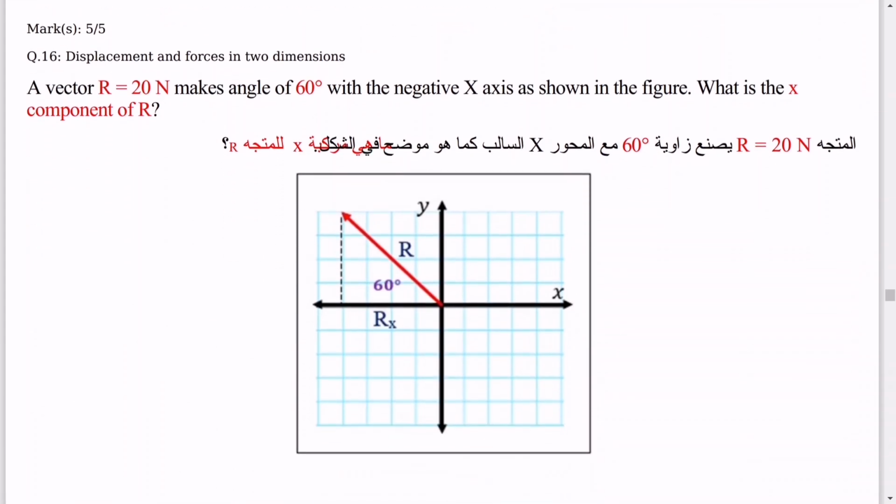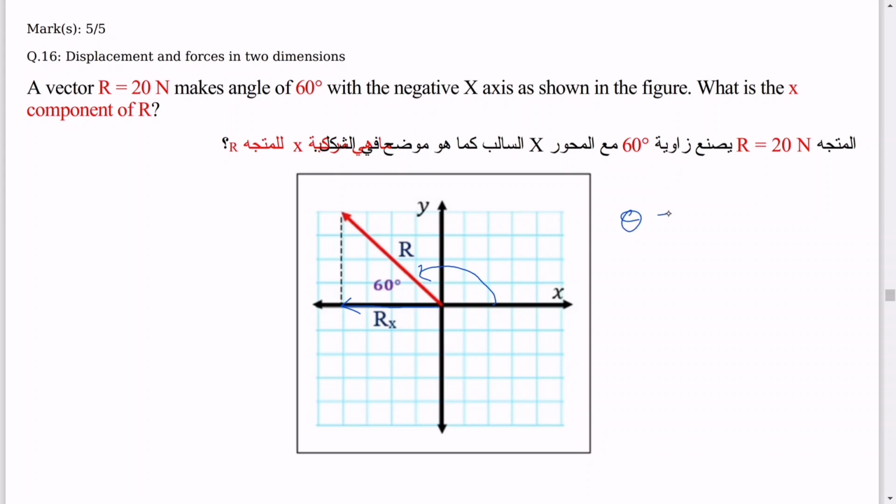A vector R equal to 20 Newton makes an angle of 60 degrees with the negative x-axis. What is the x component of R? The x component of R will be negative, right? We always take the angle from the positive x-axis.